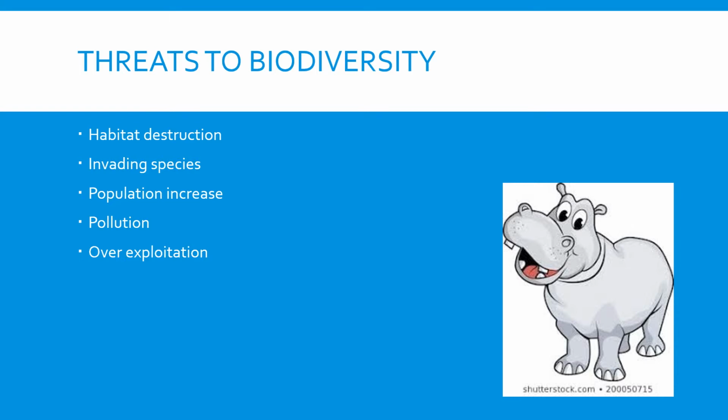H, habitat destruction, I, invading species, P, population increase, P, pollution, O, overexploitation. There are also human threats to biodiversity, such as agriculture, which can alter the landscape and trigger eutrophication, deforestation, and exploitation of resources. But these are the main ones that you probably get marks for in your exam.